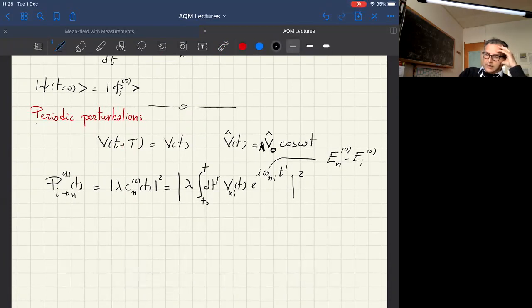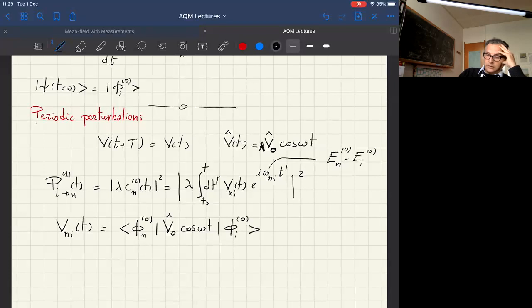So is this expression okay? Yes. Okay. So I have to compute V n I of t, which means that I have to compute phi 0 of n, V0 cosine of omega t, phi 0 of I. Okay?